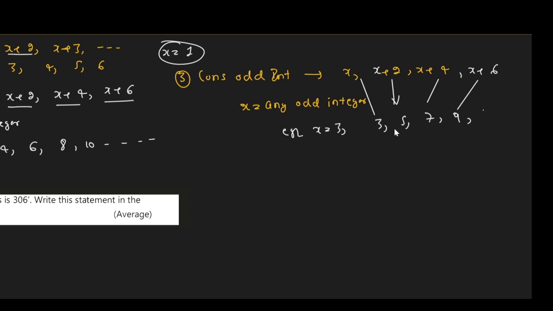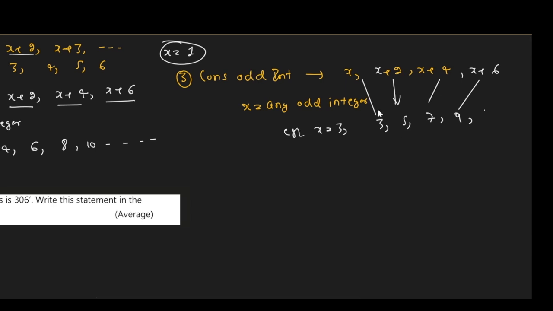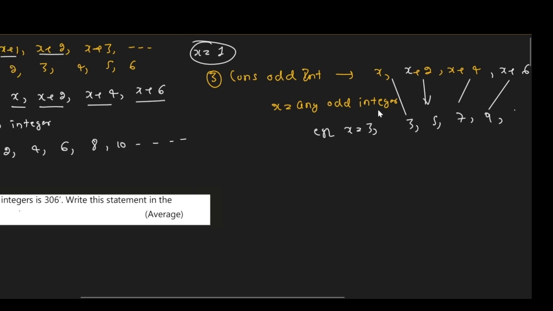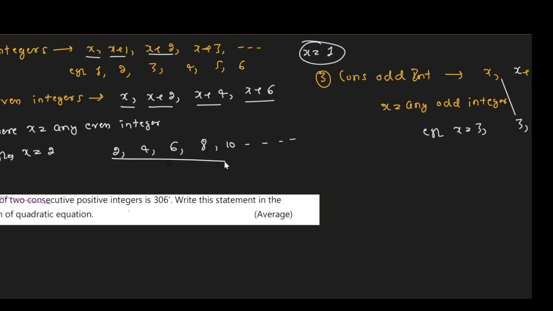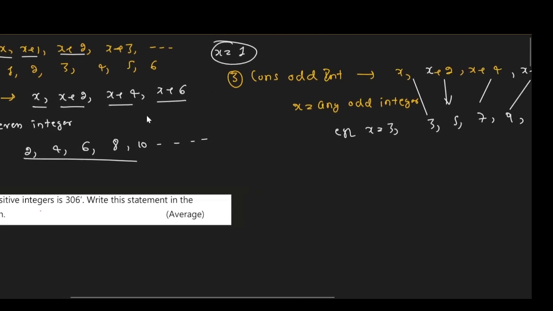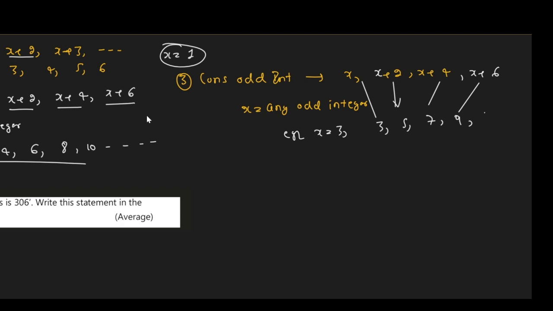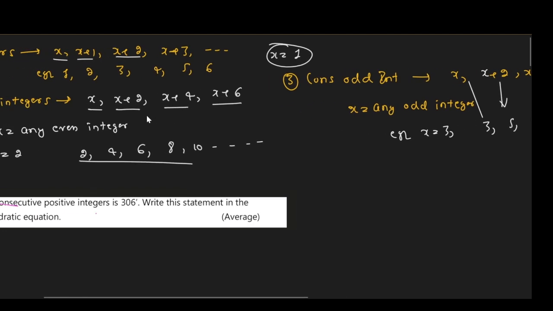Again here also there is a gap of 2. So in both consecutive even and odd integers, there will be a constant gap of 2 between the numbers. If x is even, then it is called consecutive even integers. If x is odd, then consecutive odd integers. But the general format has to be remembered very well.